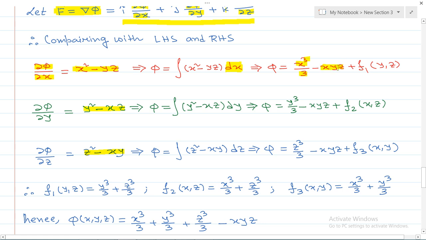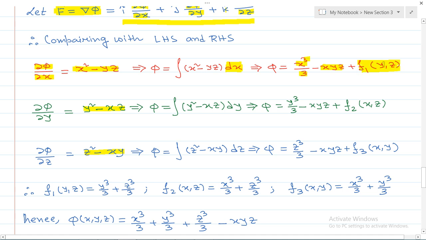Now since we are doing the partial integration here, one constant will come, the constant of integration, because it is an indefinite integral. The constant of integration will depend on the function of the other two variables. So in this problem the arbitrary constant is basically going to be a function of the other two variables y and z. So we have written f1 of yz.